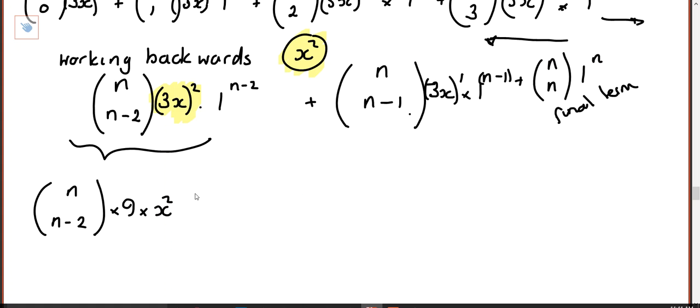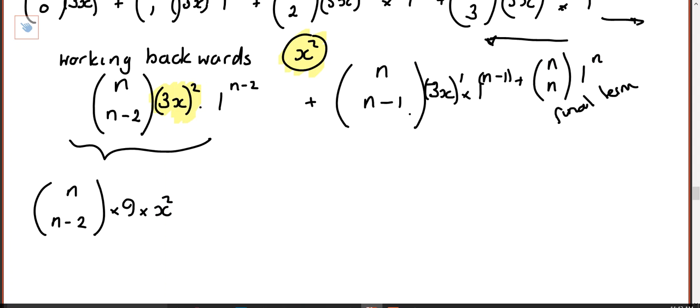What is 1 to the power of n minus 2? 1. Why? Well, give me a power of 1 that's not 1. 1 to the power of 18 is 1. 1 to the power of anything is 1.